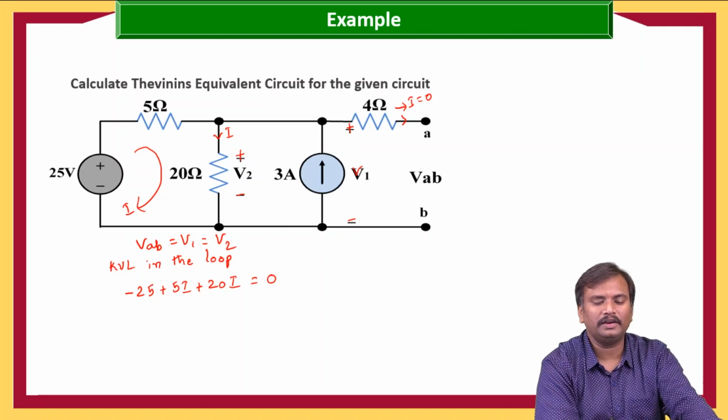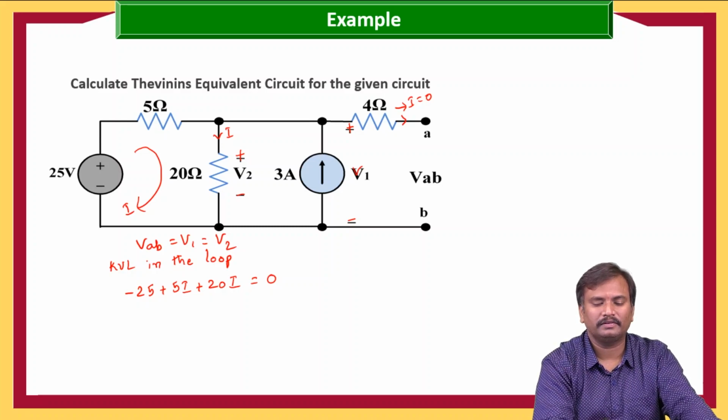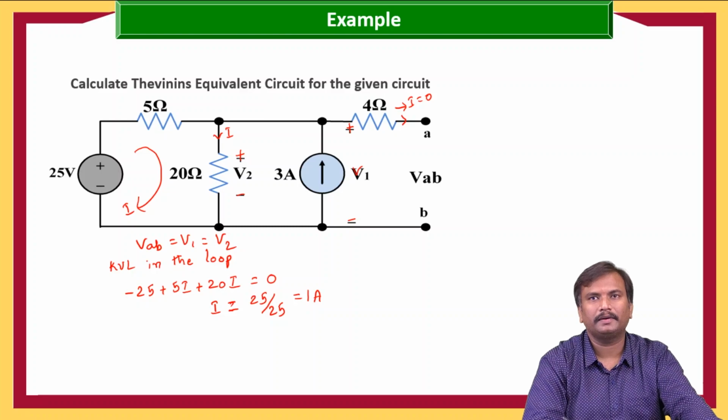So minus 25, and drops will be taken as positive, that is plus 5I plus 20I, which is equal to 0, where I is equal to 25 by 25, which is equal to 1 ampere.